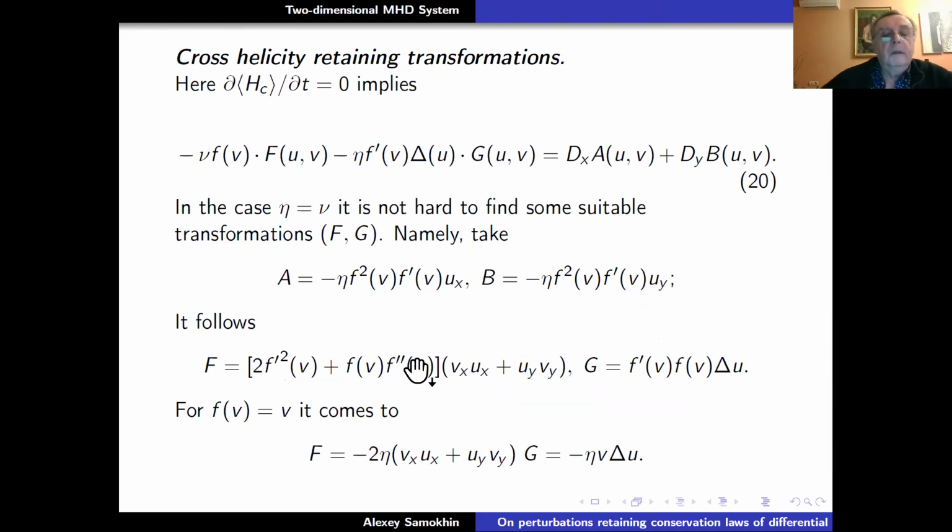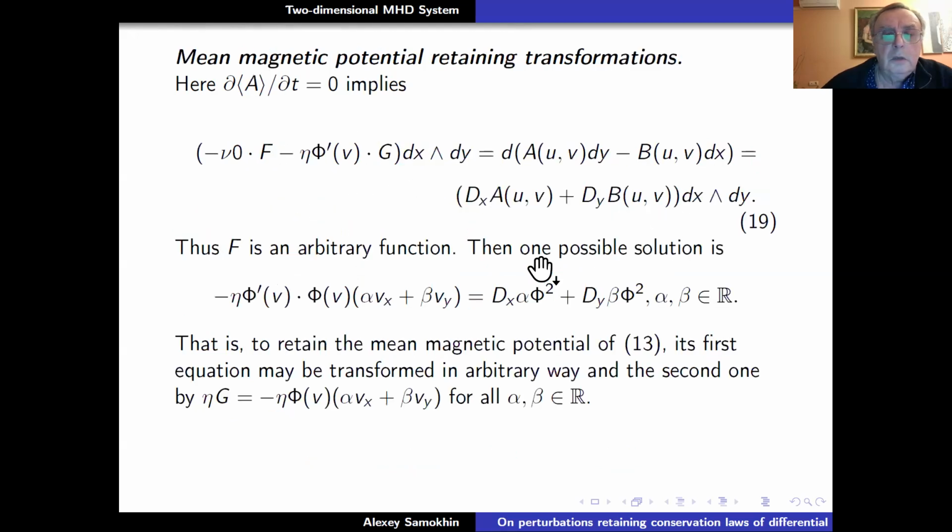And at the end, the cross-helicity. Its generating function is a vector, this is the first component, this is another component, and the equation is such.